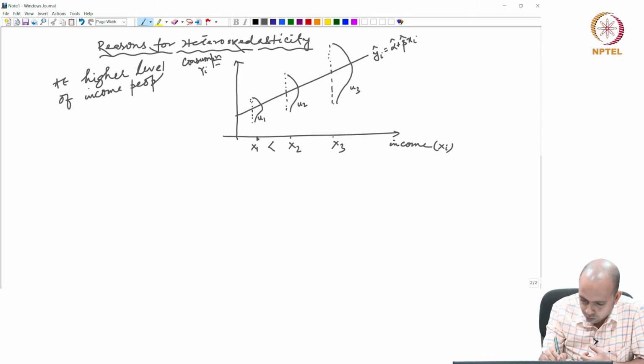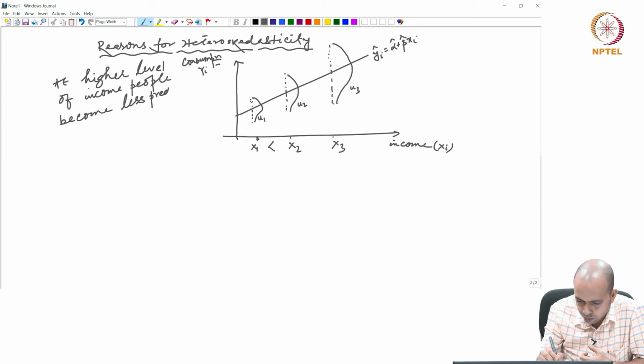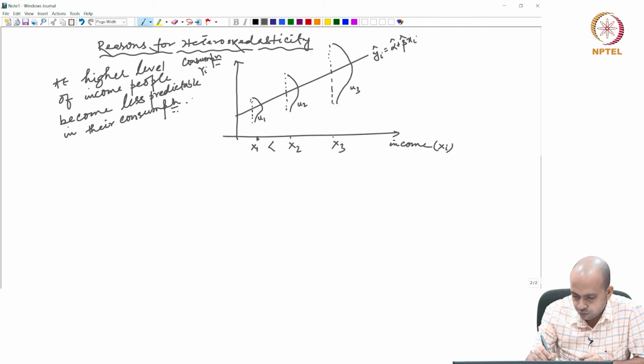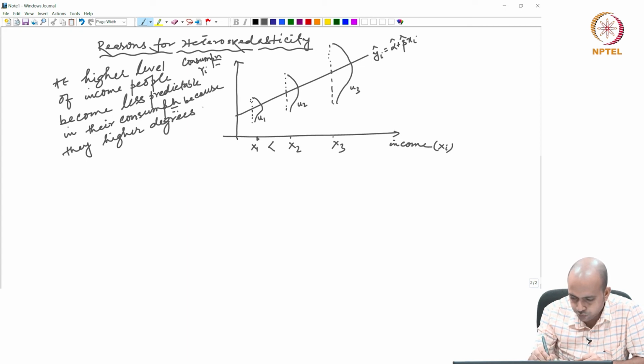people become less predictable in their consumption, because they enjoy higher degrees of freedom in their consumption.